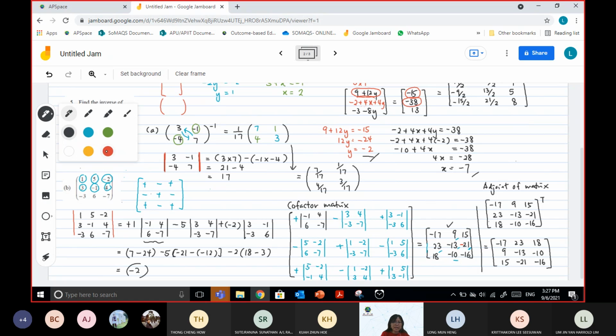Can we just go straight to the answer, or do we need to show the working, like how we got that answer? You mean after that part, do I have to show the working of expanding it, like -1 times -7? No need. If you can show some things like what I'm showing here, this one and this one is good enough.